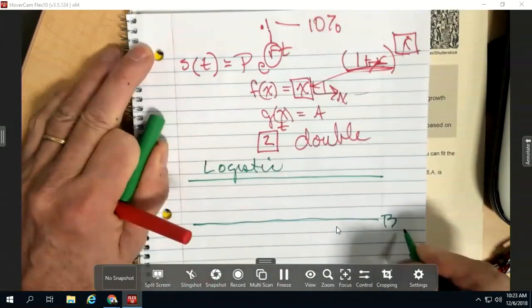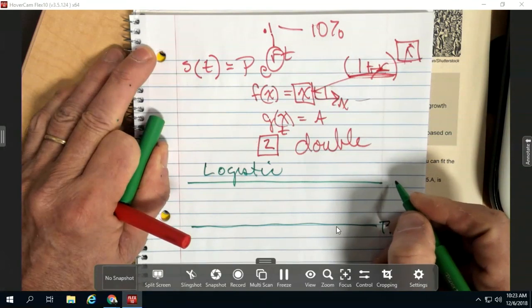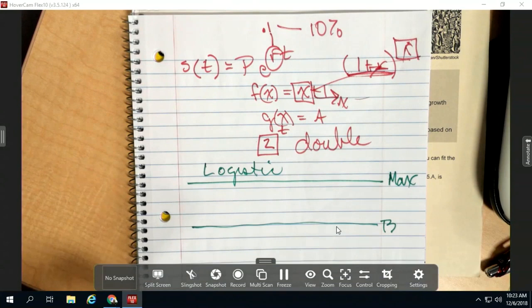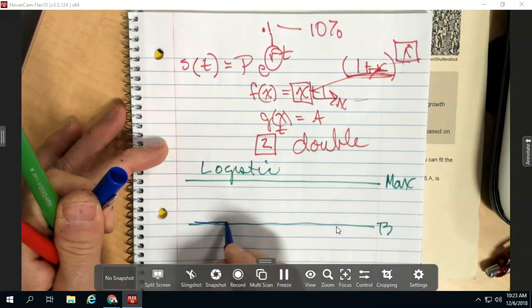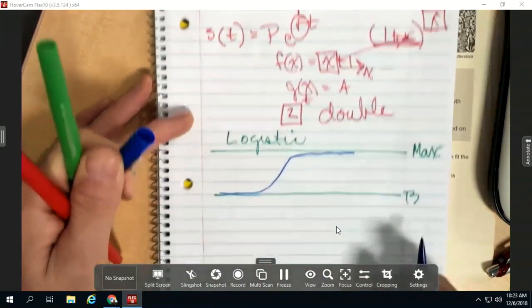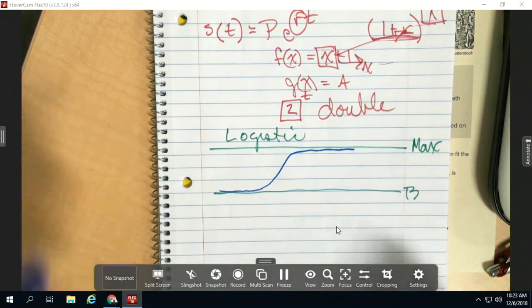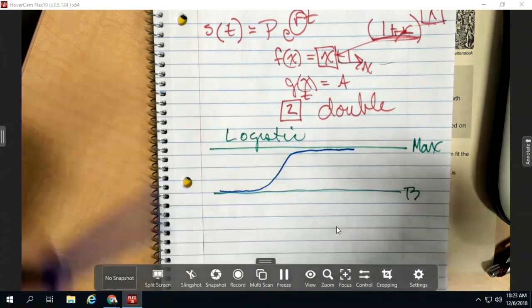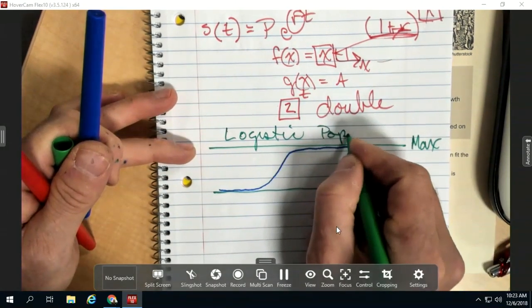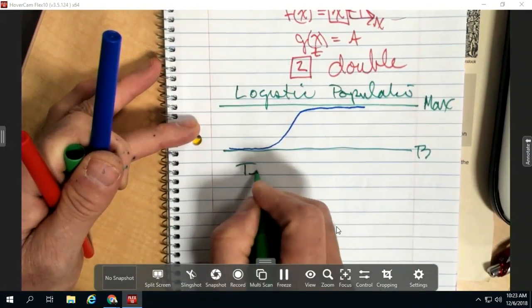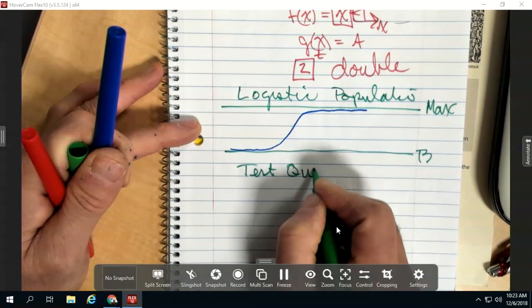You have some base and you have some maximum value. So over the course of time, what happens is you go from this base, you may increase exponentially, but then you will unincrease exponentially until you reach that maximum goal. One of the logistic functions is population. Another logistic function is test questions.